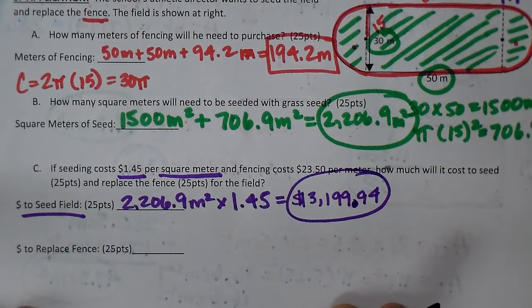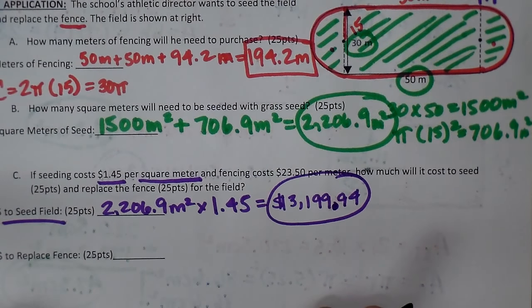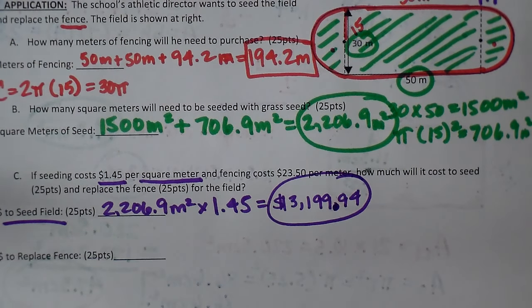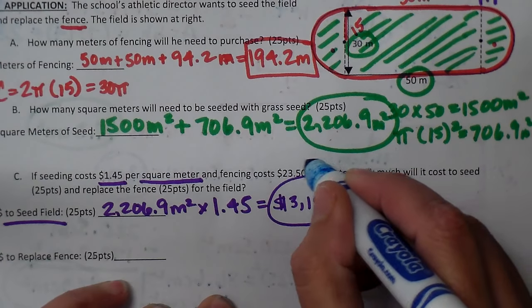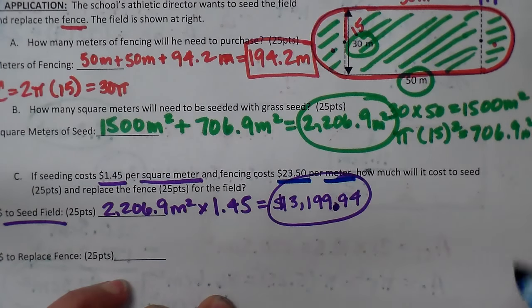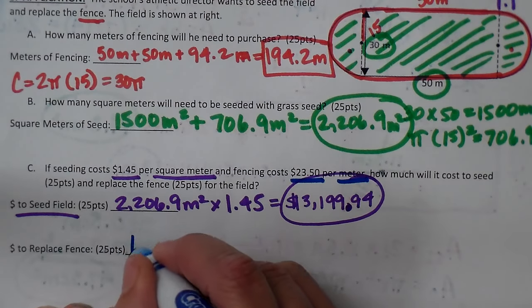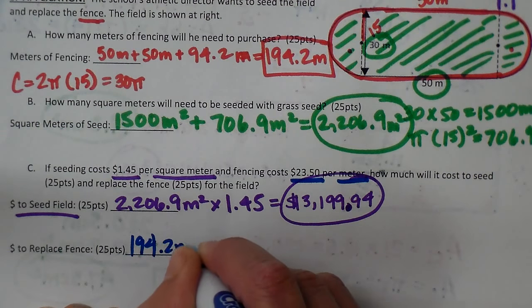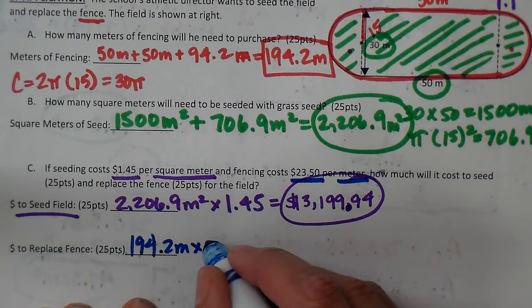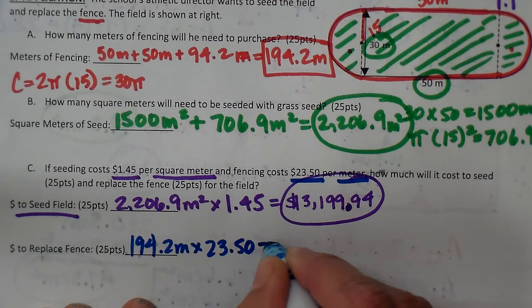All right? So the last thing I want to calculate now is how much the fencing is going to cost me. I have to pay $23.50 per meter. Well, up here I needed 194.2 meters, and that's going to be at $23.50 a pop.